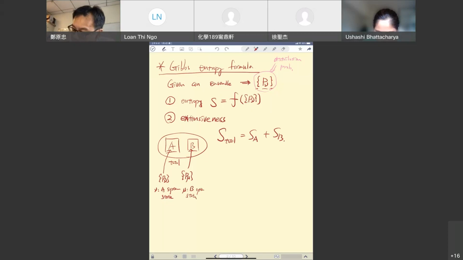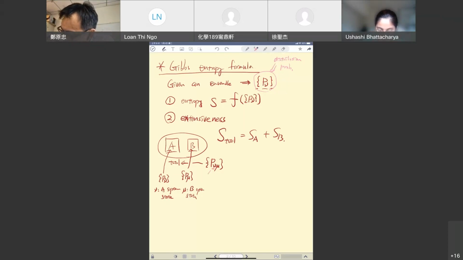Then for the total system state, you need to know the state of A as well as the state of B. So the system state will be determined by a probability of nu and mu. You need two indices because you need A in nu state and B in mu state.